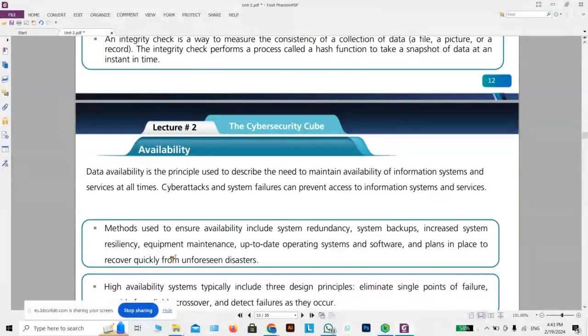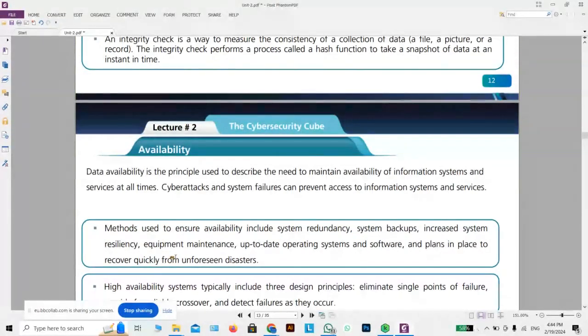Every organization, like a hospital or wherever you're working, has employees, and those employees should have access to the specific data, the relevant data, with permission. Whenever you make sure of integrity and confidentiality, the security framework must include availability as well.